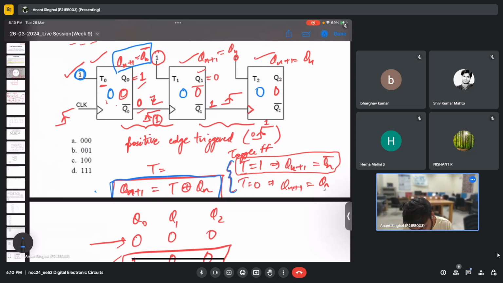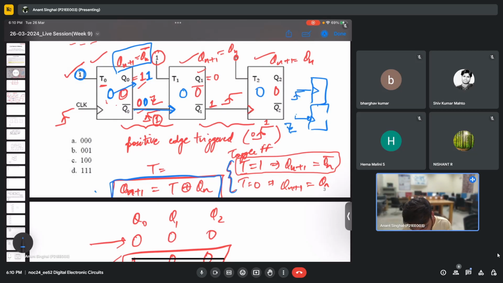So this 0 has now become 1. You can clearly see this has become 1 and q naught complement will be 0. Now you can clearly see this clock, which is a positive edge triggered clock. The difference is that this is a positive edge triggered flip-flop and this is a negative edge triggered flip-flop. So it only works on a negative edge, and the other only works when it is positive edge triggered.